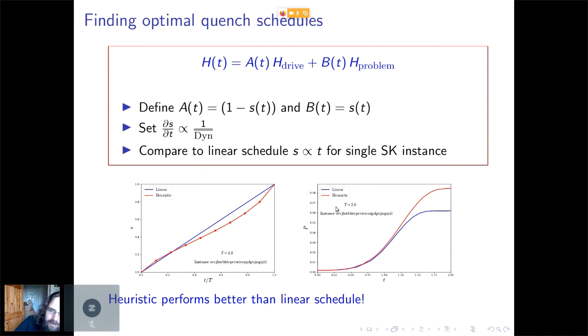Here we used a random Sherrington-Kirkpatrick instance. And what we found is our success probability is better with a schedule picked in this way than with a linear schedule. Not by a huge amount, but this is also a very unstructured problem. If you had a problem with more structure, where maybe you had some constraints with one energy scale and the rest of your problem had a different energy scale, then you might see a bigger improvement.